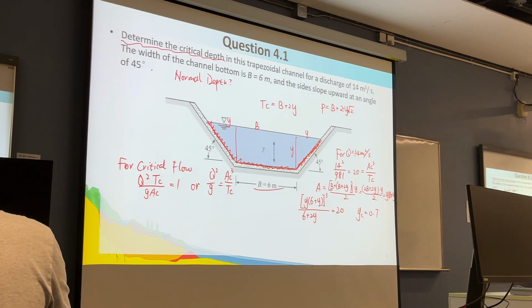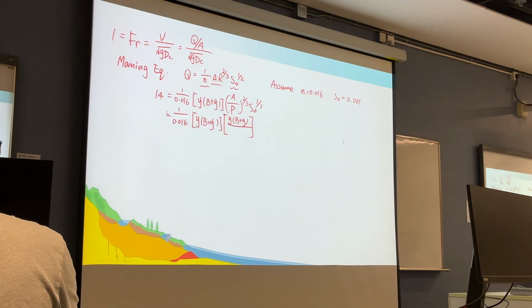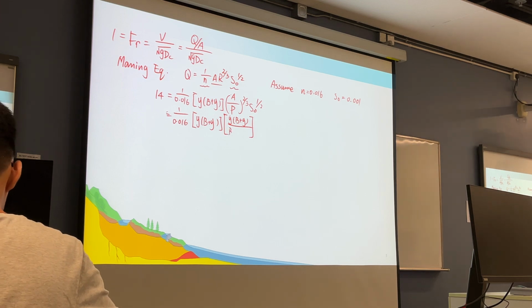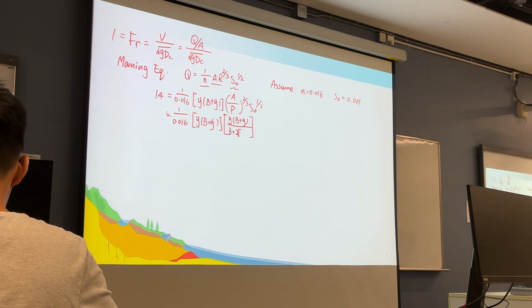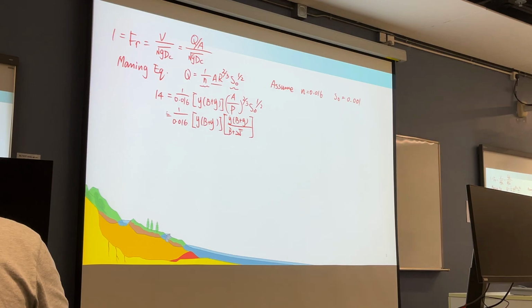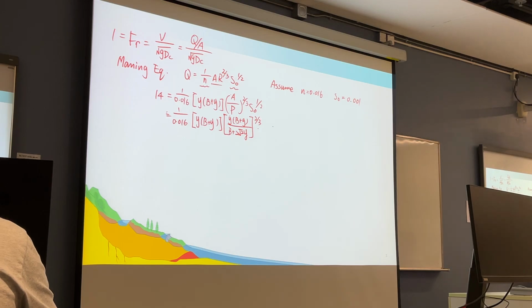So the wetted perimeter is B plus 2 square root 2 y. And times this, power 2 over 3, S_0 is 0.001, power 1 over 2.